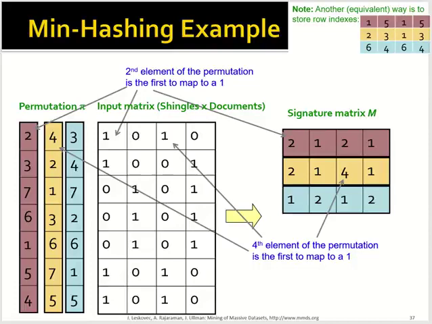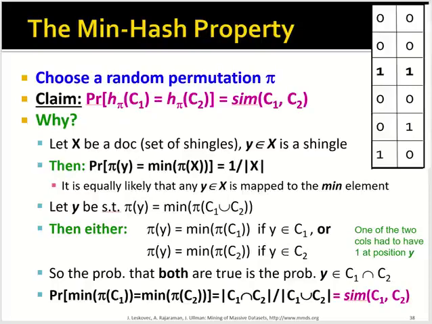The reason why we use min-hashing to indicate the similarity between the columns is based on the following min-hashing property. Suppose we choose a random permutation pi.